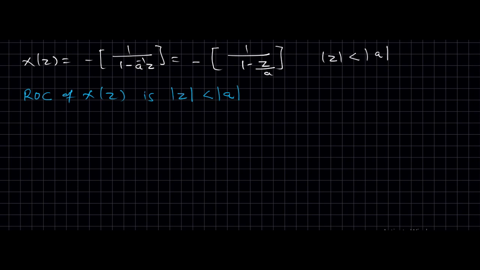It means the region of convergence is within the circle having radius a. Let us draw this.